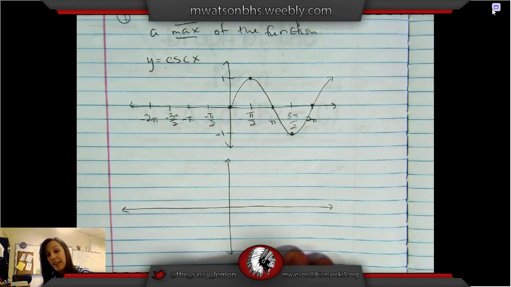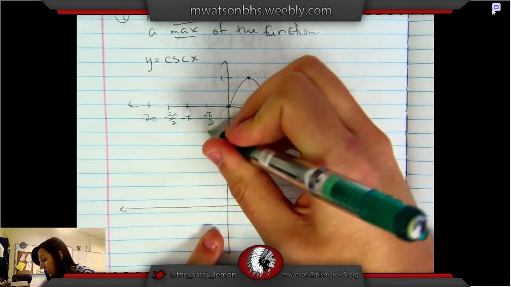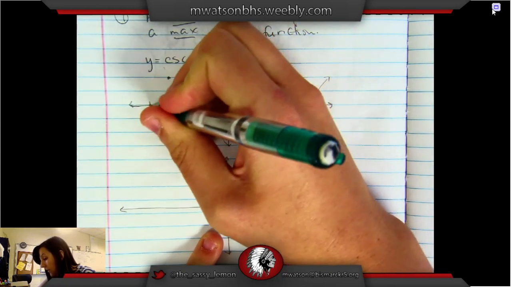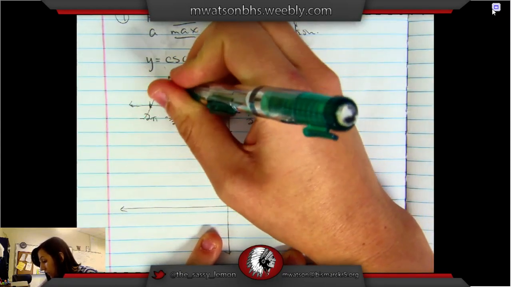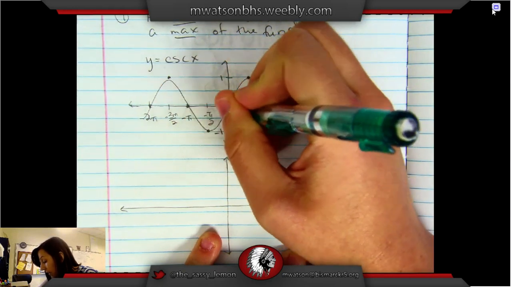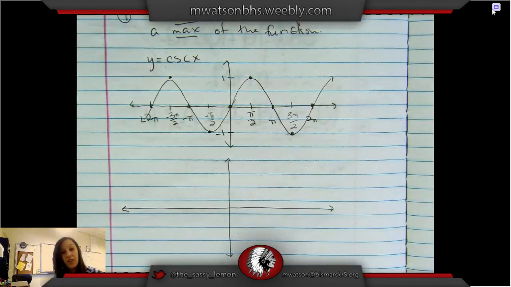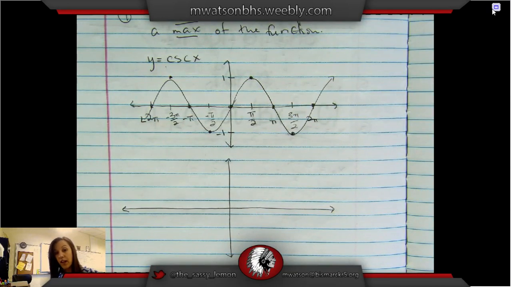But I want to extend it in the opposite direction. So it's going to go down, up, back down. And you can see that it's oscillating back and forth, repeating forever around that x-axis. Okay, so that's our parent function of sine.